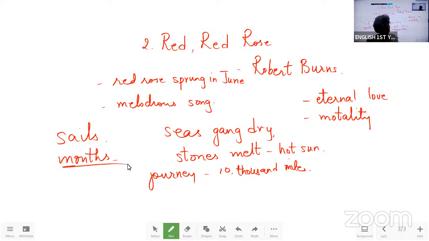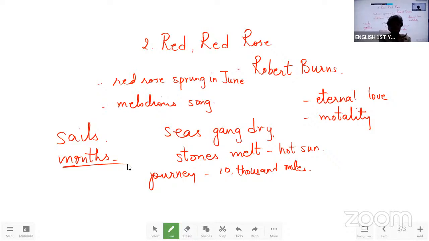So on a journey in those days, you have storms, tempests, and there are chances that the ship would be shipwrecked. So when they went on a journey, they always believed that this may be their last journey. They may return or they may not return.